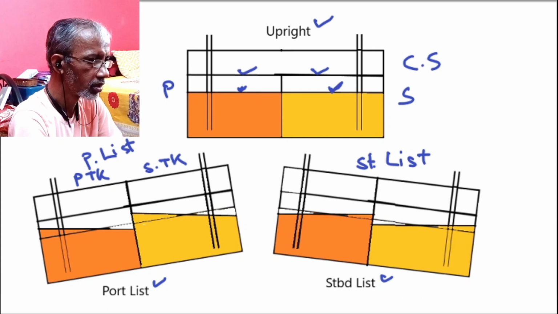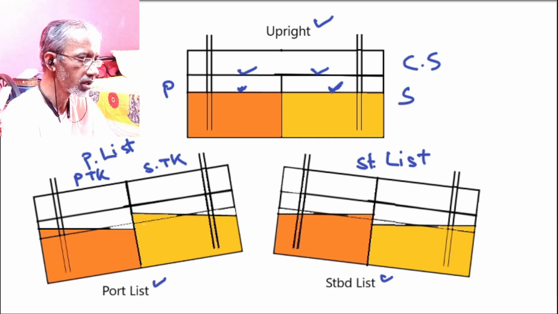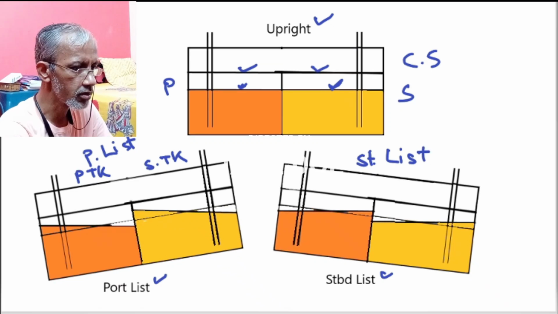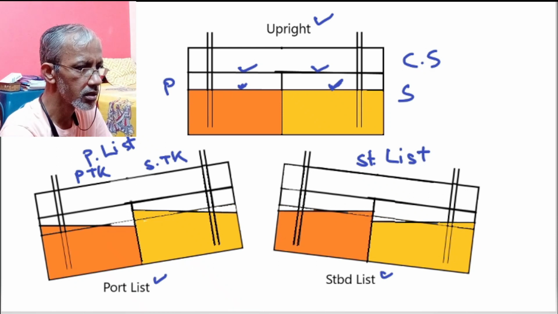When the ship is listed towards the port side, the contents of the tank rush towards the side to which the ship is listed. The amount of the liquid which rushes towards the side to which the ship is listed is dependent on the degree of the ship's list. Now, let's say that the level of the liquid was originally at this place.